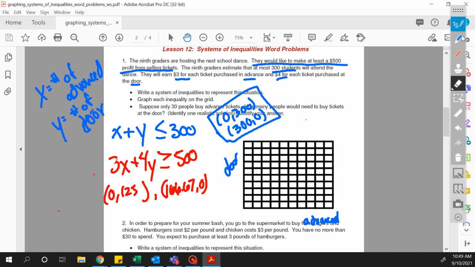Okay, so let me go ahead and label these. So I need to go to 125 and 166. So maybe I can go by 25s, I'm not sure. So 25, 50, 75, 100, 25, 50, 75, 200. Yeah, it looks like I can go by 25s, which would be fine. I guess I can go by 20s. Yeah, I'll just go by 20s.